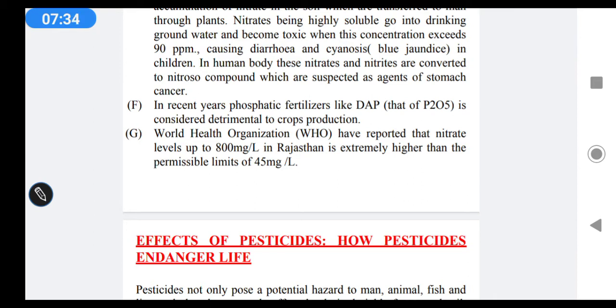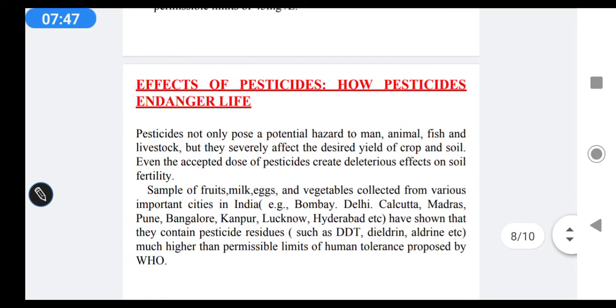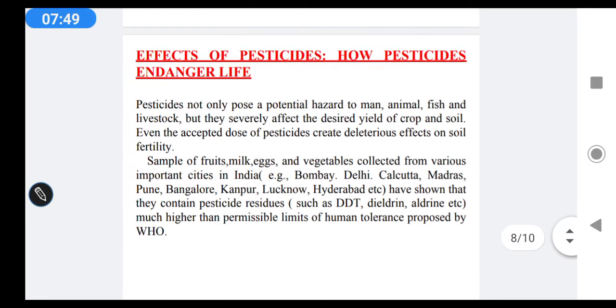So the WHO reported in Rajasthan how modern agricultural technology has affected the soil. Next you can see the effect of pesticides, how pesticides endanger life.